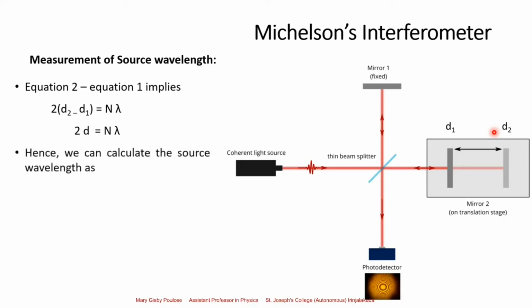Hence, we can calculate the source wavelength as lambda is equal to 2d by n, where d is the distance moved through the micrometer and n is the number of fringes that have crossed the cross wire in the telescope. Now this is the final equation that is used to measure the wavelength of the source.